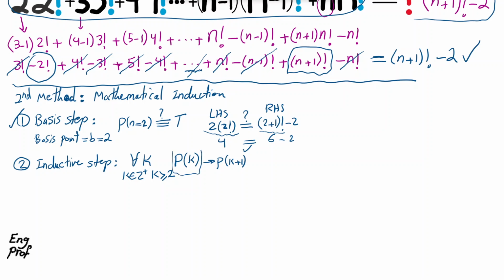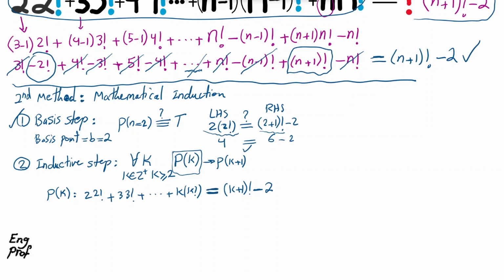So we're going to assume this is correct, and I'm going to write it. That is basically saying, so I am going to write the meaning of p of k, which says 2 times 2 factorial plus 3 times 3 factorial plus up to k times k factorial is going to be equal to k plus 1 factorial minus 2. We make the assumption this is true, this is correct.